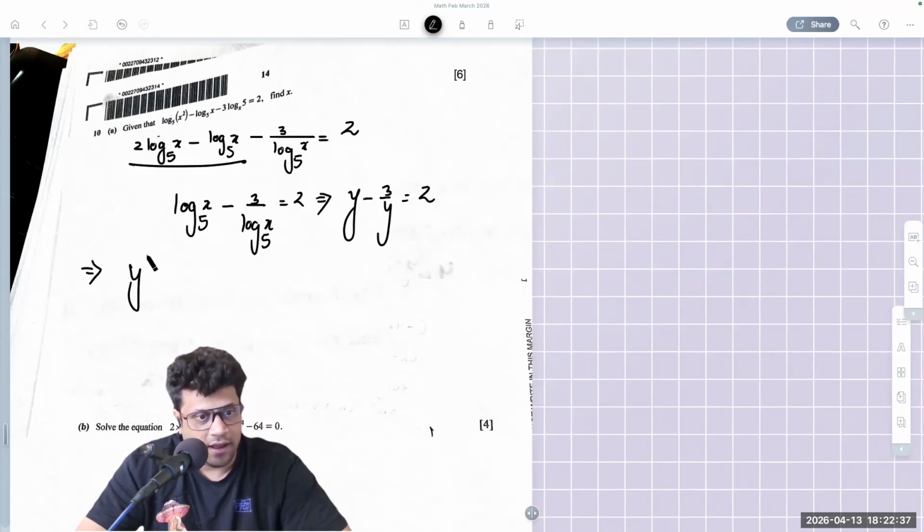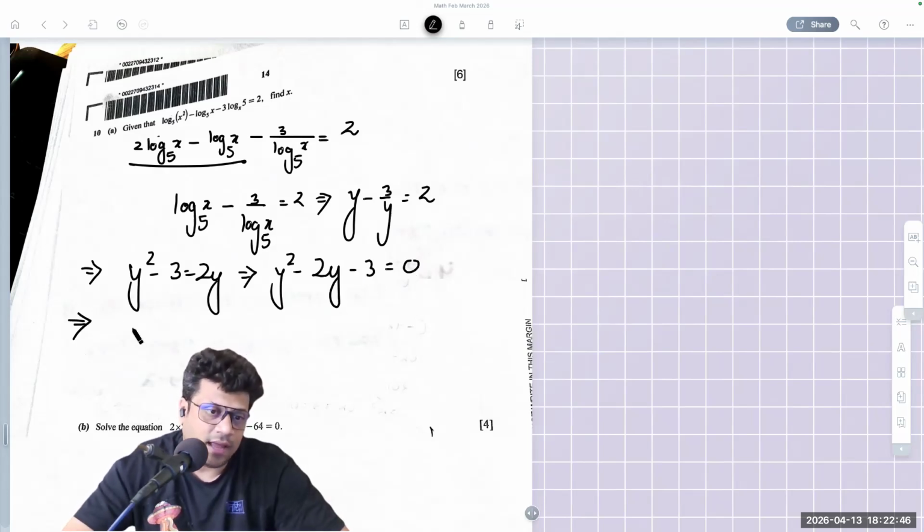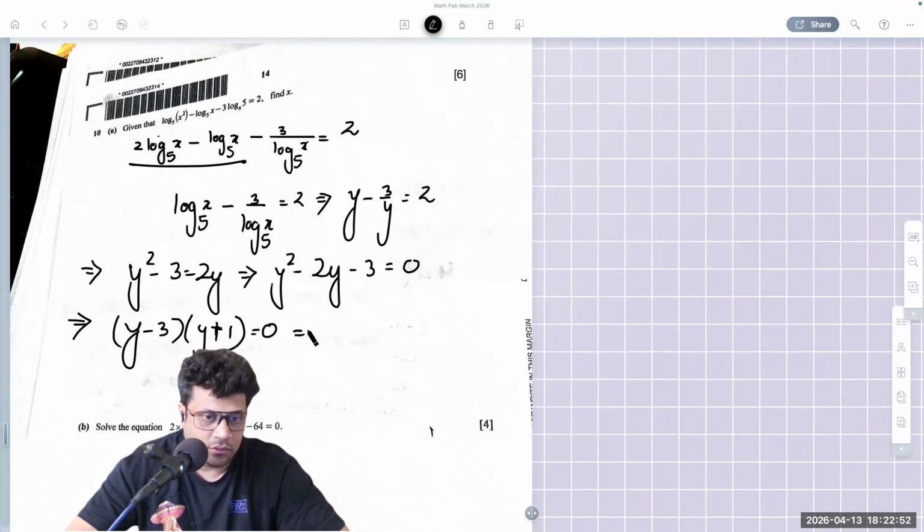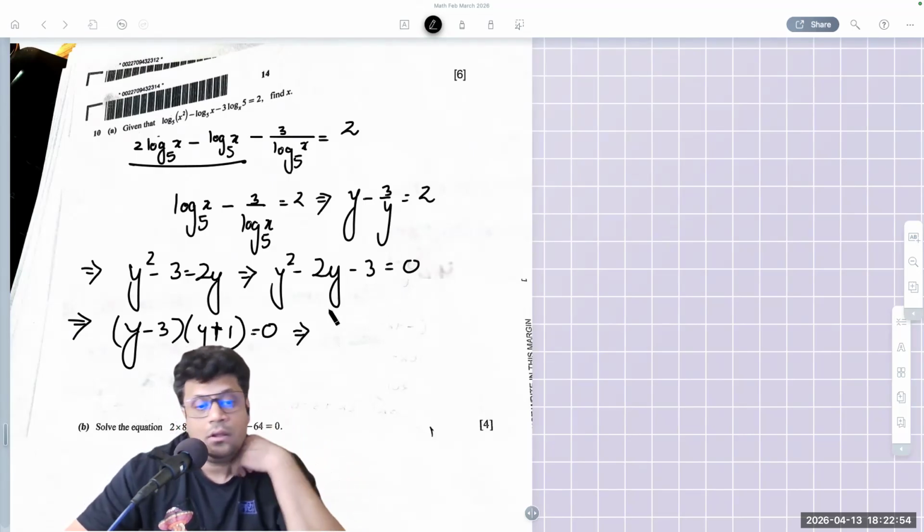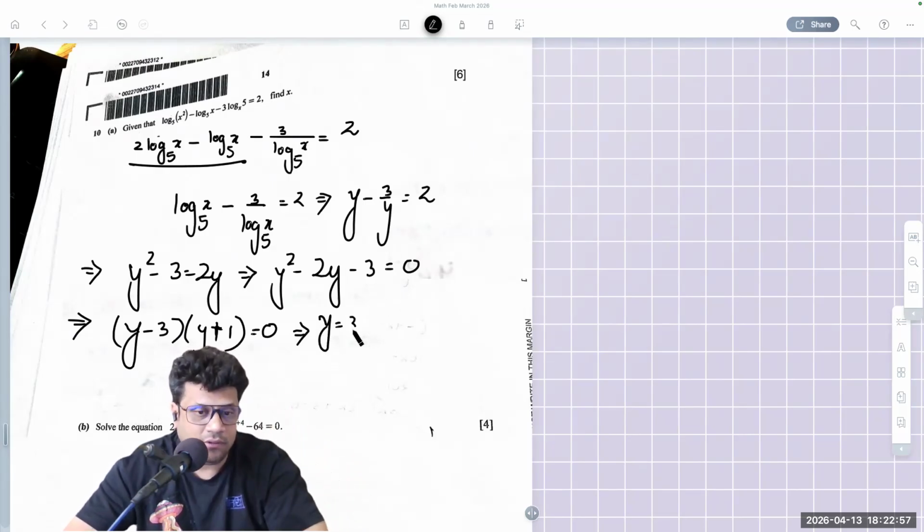So you are looking at y square minus 3 equals 2y, or y square minus 2y minus 3 equals 0, and that brings you to (y minus 3) into (y plus 1) is 0. So y equal to 3 and y equal to minus 1.